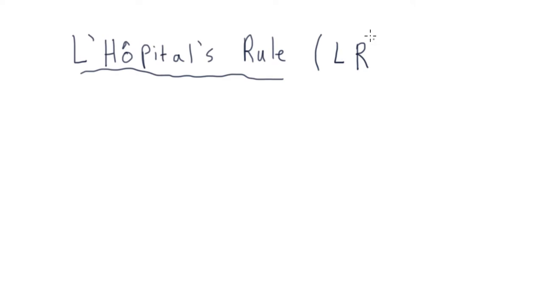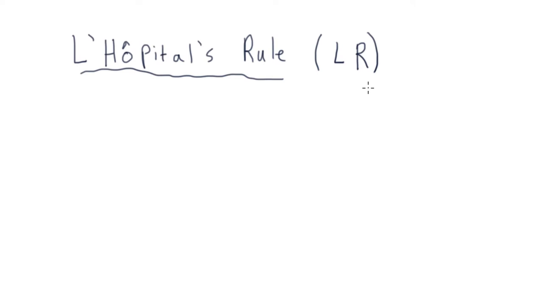Well, it's just named after an individual. So L'Hopital's rule, it's a little funky to think of. What I like to do is just to tell people, from here on out, we're just going to say this is LR. So if you prefer, you can just say LR, but it's L'Hopital's rule. So what does L'Hopital's rule, or LR, say?